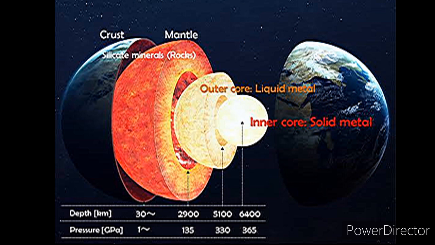It has very high temperature and pressure. It has around 15% of Earth's volume and 32.5% of Earth's mass. As we move from the crust towards the core, the pressure and density increase toward the center of the Earth.